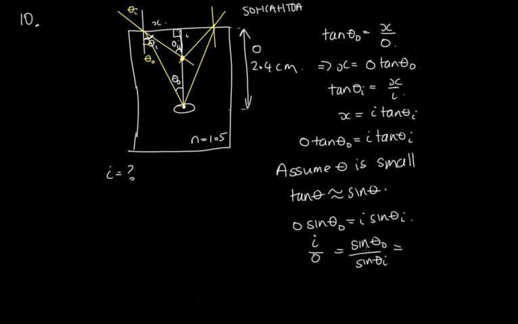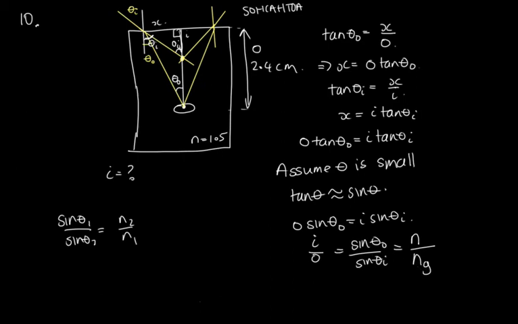And now we can use Snell's law. Sine theta O is the angle of incidence in the medium with n equals 1.5. We know that this is n of the glass down the bottom, because sine theta 1 on sine theta 2 is equal to n2 on n1. So if this is inside the glass, then we need to have the glass down the bottom.